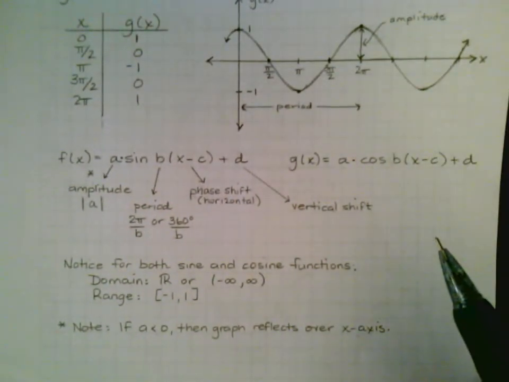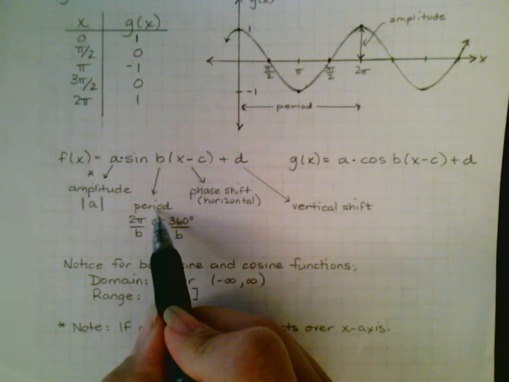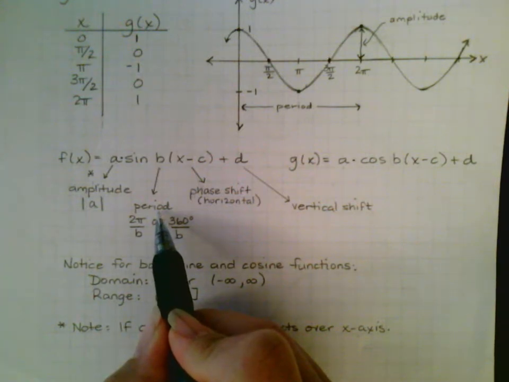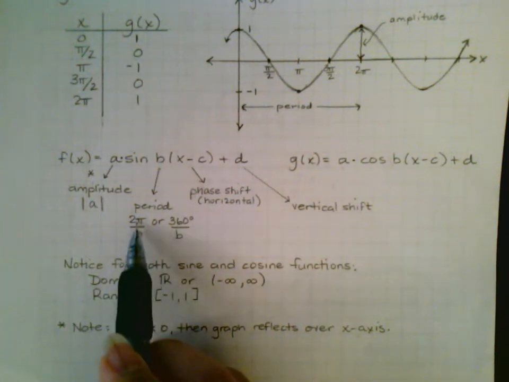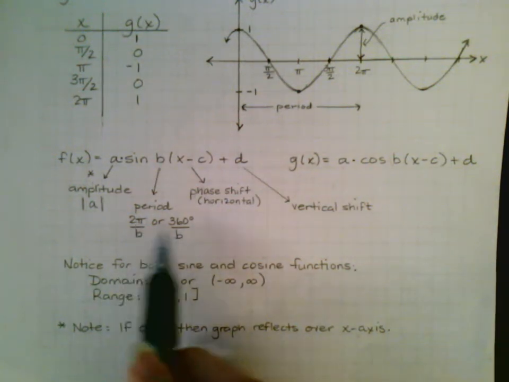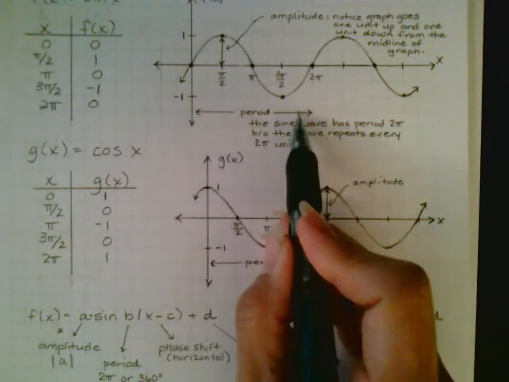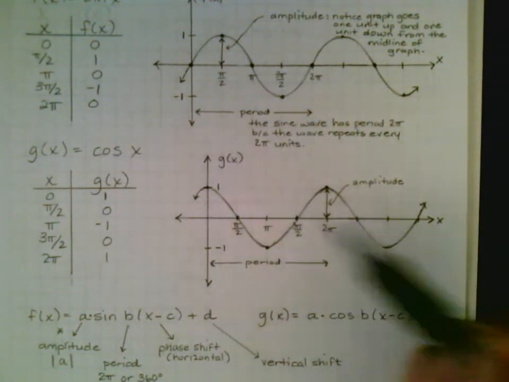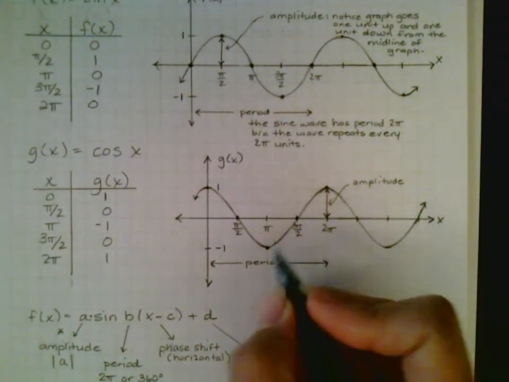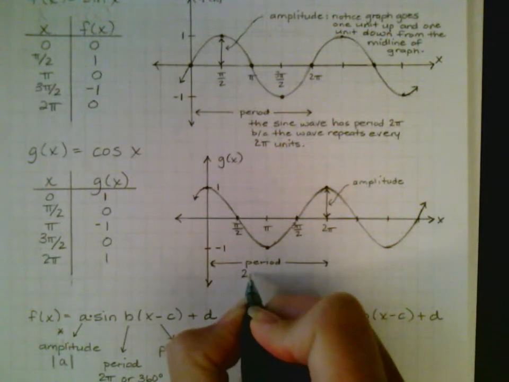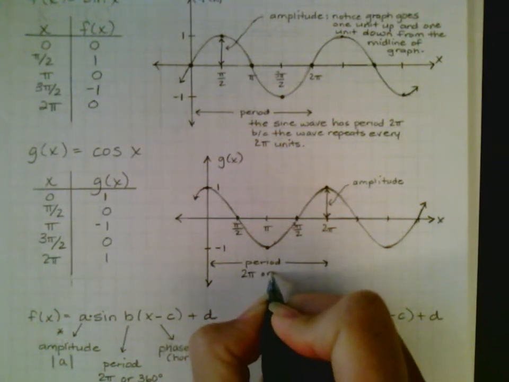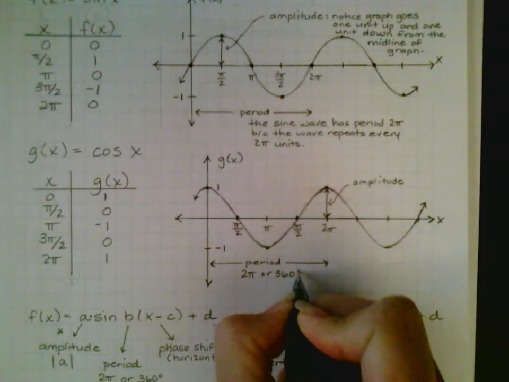And when you are looking to find the period, the length of one wave in the given function, you are going to either use the units of 2 pi or 360, and the reason why we're using those values is because our original graphs are of length 2 pi, or 360. I constructed these graphs in units of 2 pi, but please notice that you can use 2 pi or 360 degrees, okay?